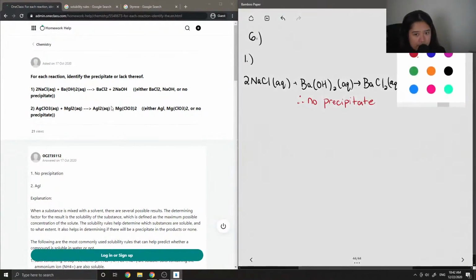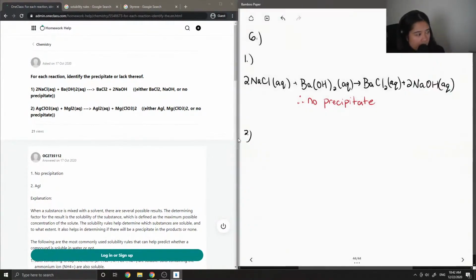And now let's look at the second reaction. They already wrote aqueous there, but I'll double check on our chart.